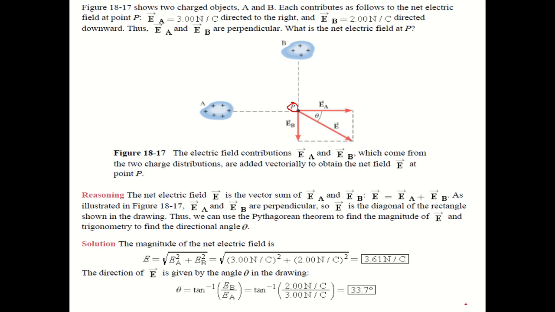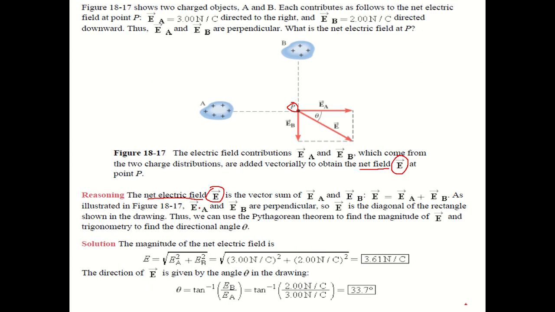Here's the reasoning, class. The electric field contributions E_A and E_B, which come from the two charge distributions, are added vectorially to obtain the net field E. This is what we call the net field at point P. The net electric field is the vector sum of the electric field of object A and the electric field of object B, as shown in this illustration.